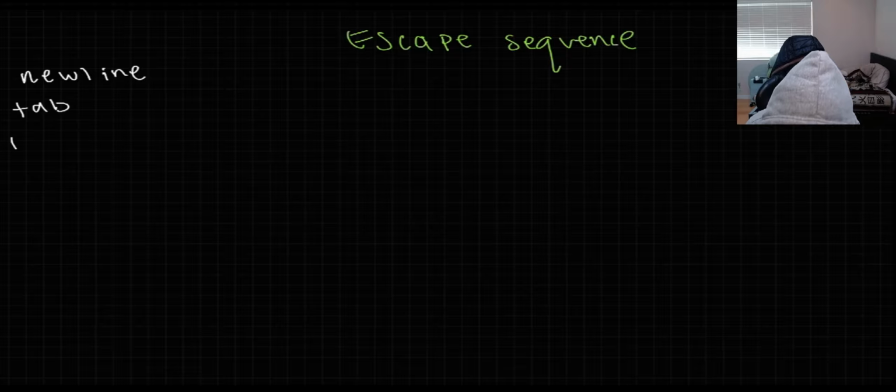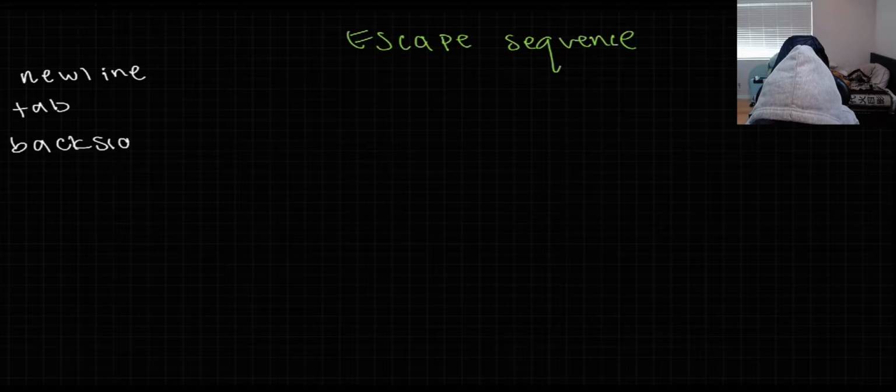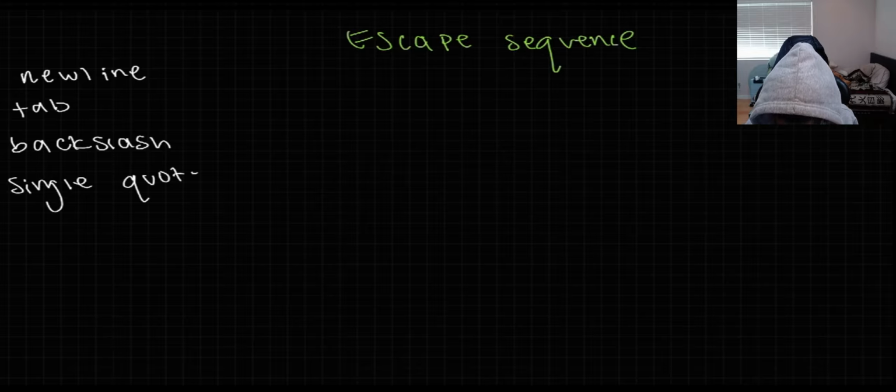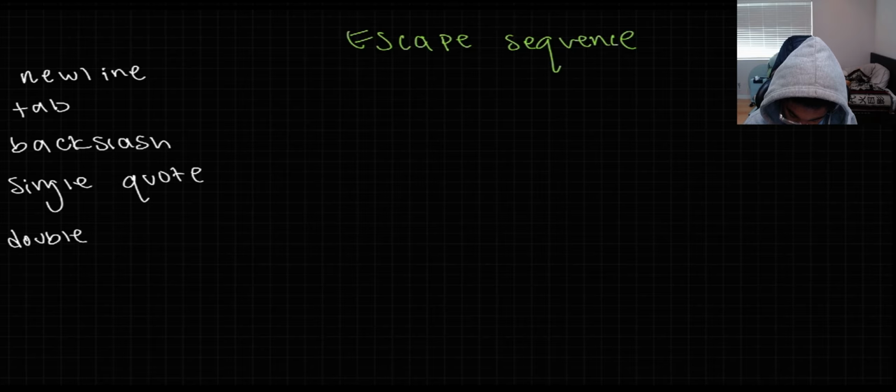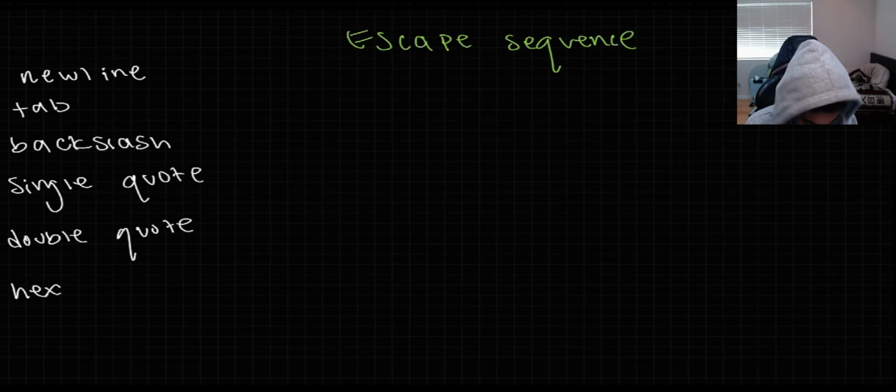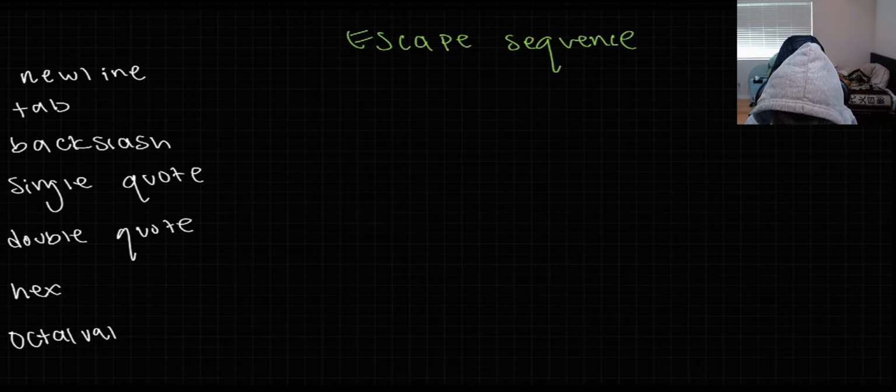We have backslash. We have single quote. We have double quote. We have a hex value. And then we have an octal value. And we'll cover these two last.